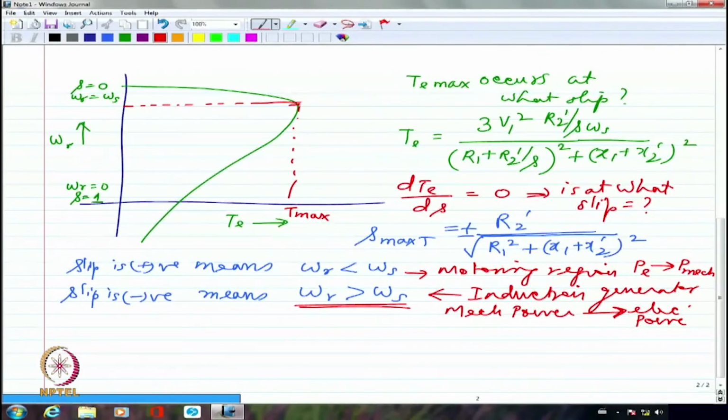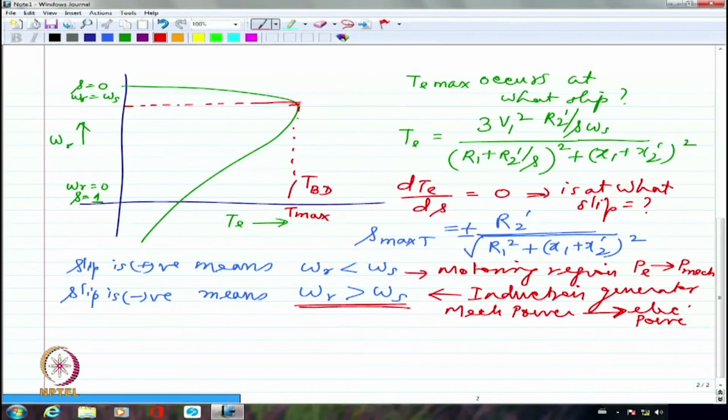This is T max. We incidentally also call that the breakdown torque, TBD. TBD is the maximum torque an induction motor is capable of generating under a particular voltage and a particular frequency condition. That is breakdown torque.